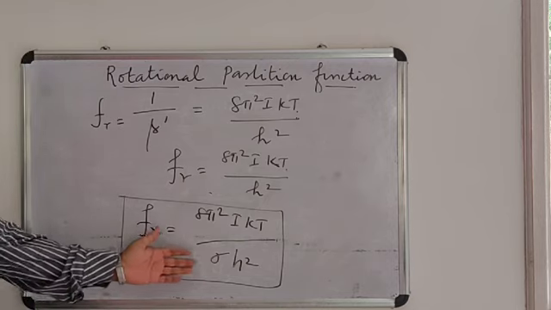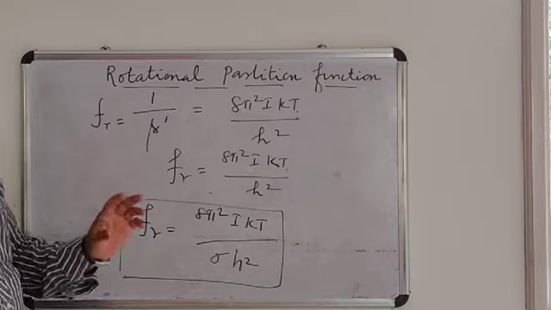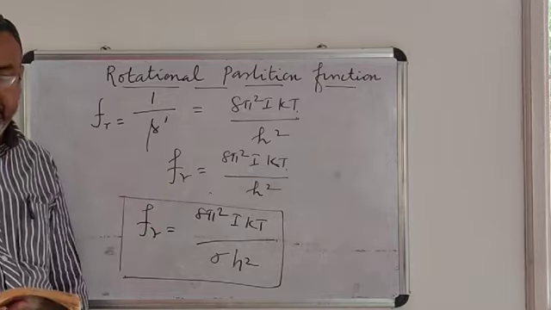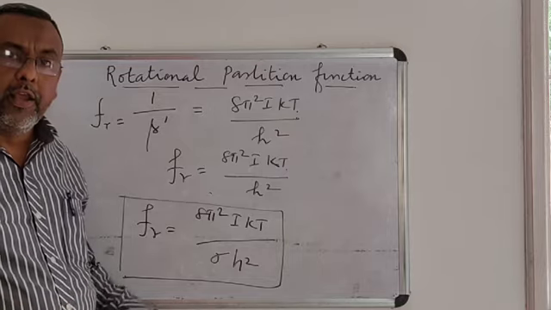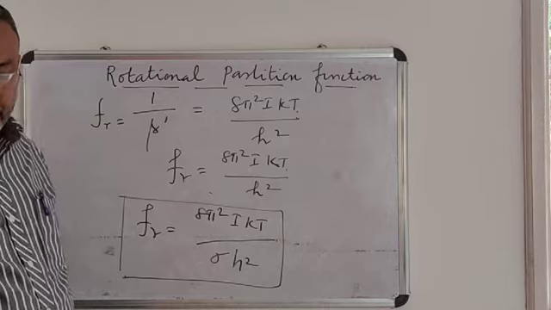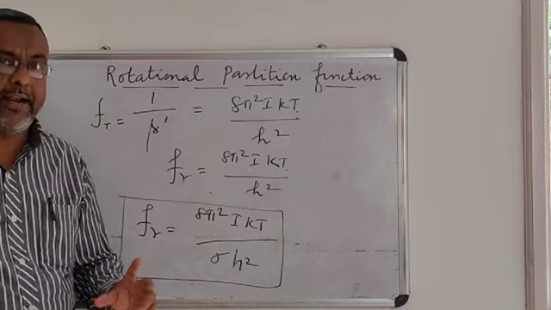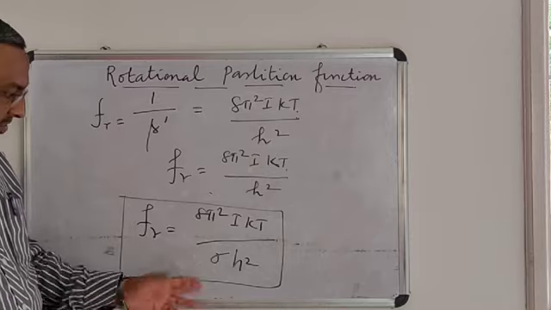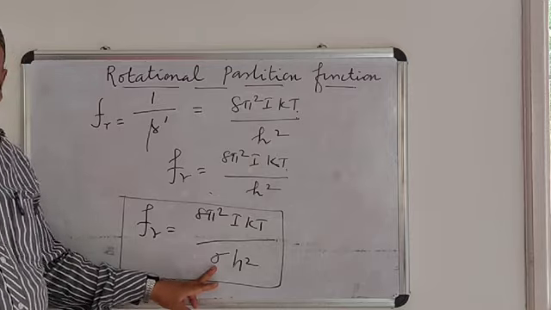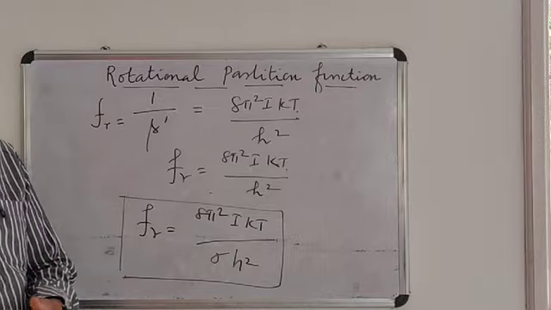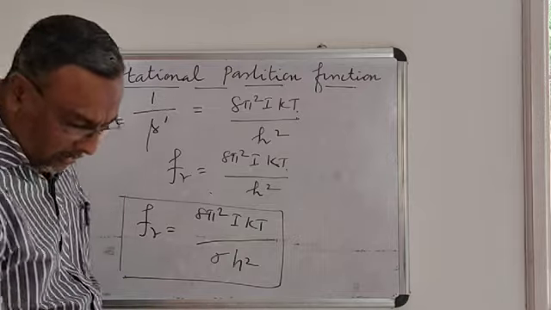The symmetry number can be calculated by simply counting the number of indistinguishable orientations of the molecule that can be reached by rotational symmetry operations. For every symmetry operation, how many times it gives indistinguishable orientations gives the value of sigma, and this is different for different molecules, which we will discuss now.